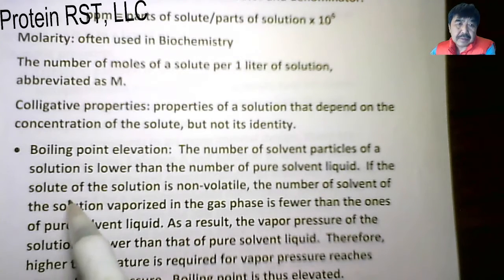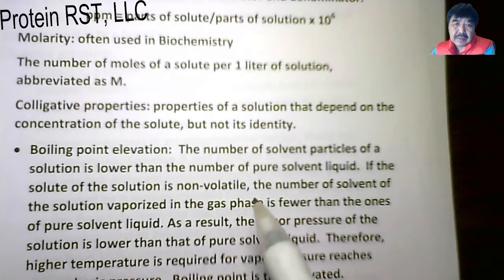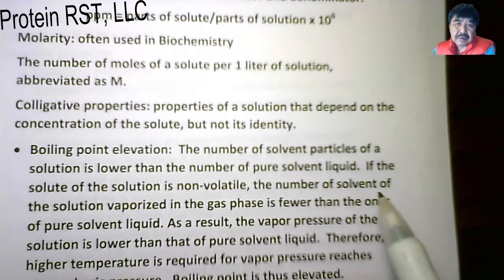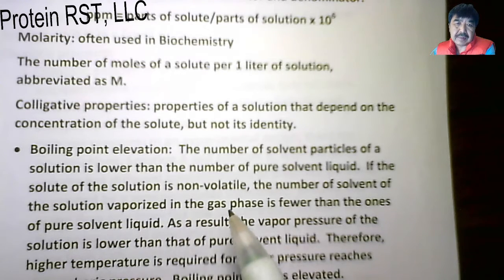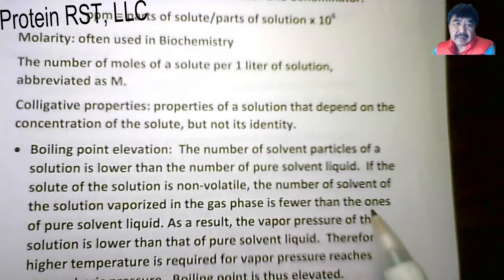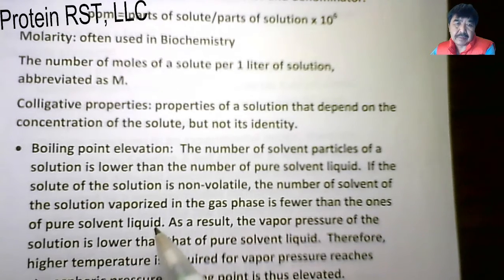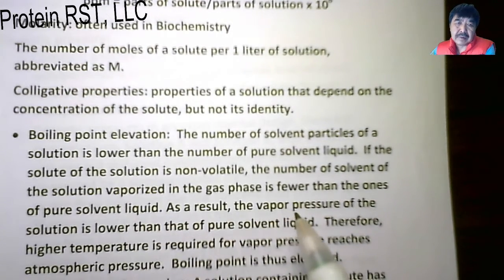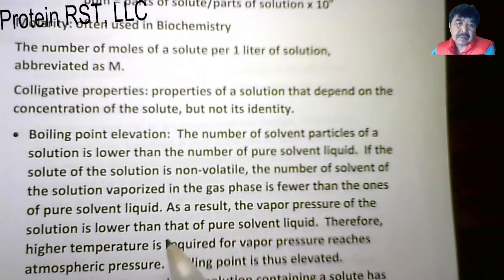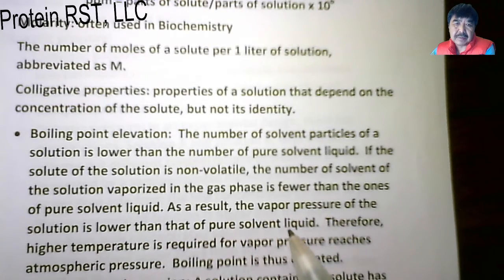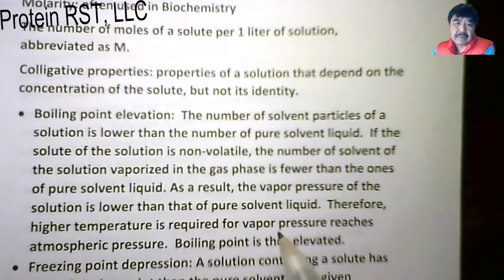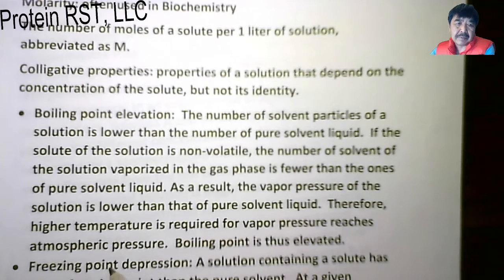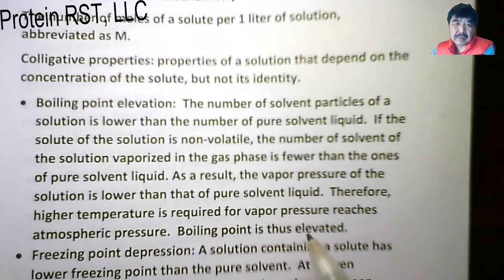If the solute is non-volatile, the number of solvent molecules of the solution vaporized in the gas phase is fewer than that of a pure solvent liquid. As a result, the vapor pressure of the solution is lower than that of the pure solvent liquid. Therefore, a higher temperature is required for vapor pressure to reach the atmospheric pressure. Boiling point is thus elevated.